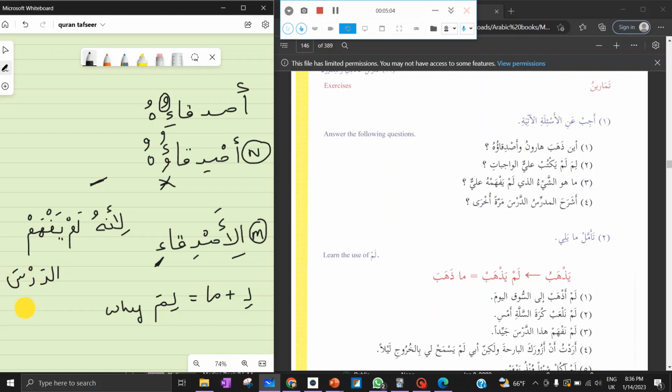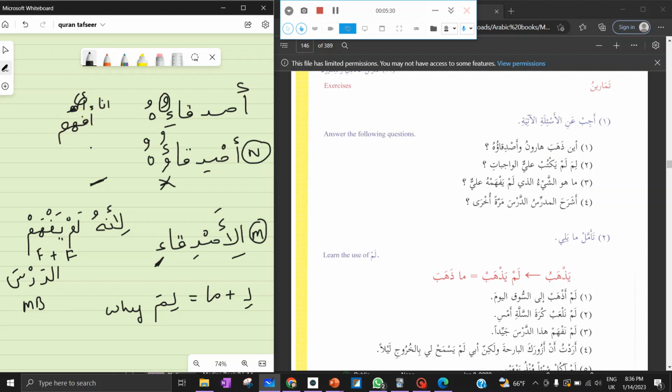This will be maf'ul bihi and this will be your fa'il. Where is the fa'il in this present tense? It is damir mustatir. As we know, in present tense, we have 5 damir mustatirs. The one with ana is afham.